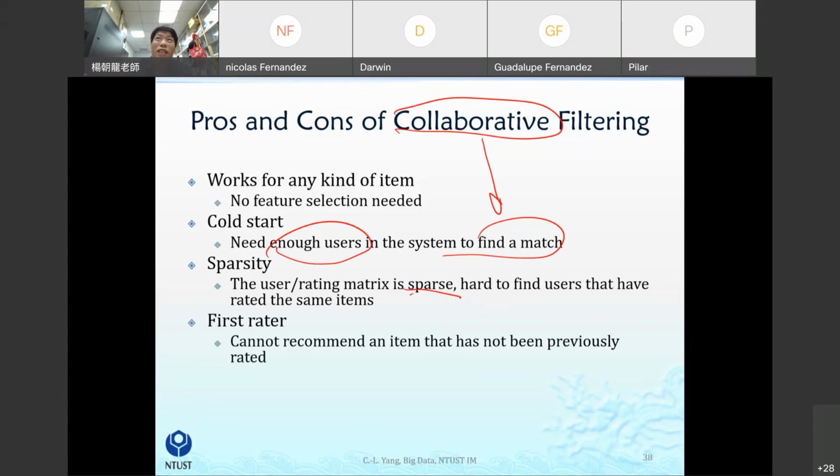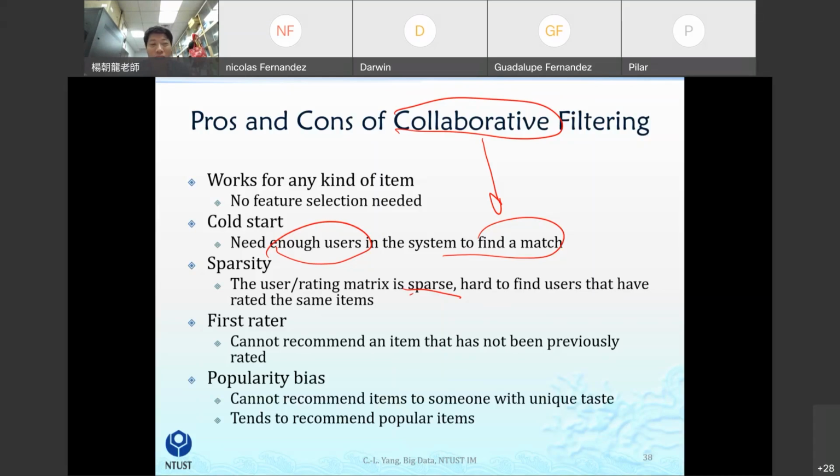For example, you go to a restaurant and ask a waitress, do you recommend this particular dish? If that waitress never tried it before, she says, I'm sorry, I have never tried this, but I would recommend that one. So we call it the first rater problem.